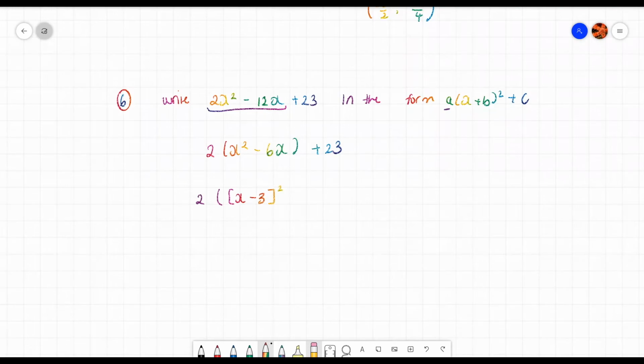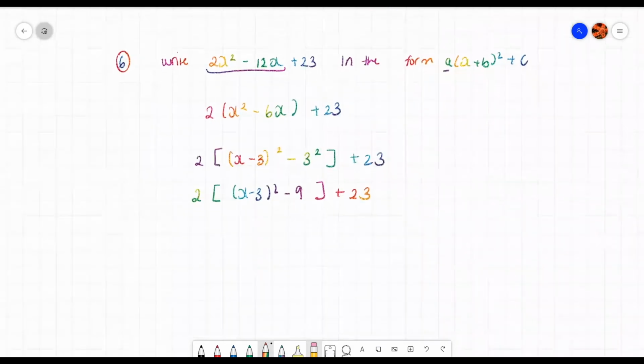And then I'm going to do minus 3 squared plus 23. I'm just going to put a proper bracket around these. Right, so 2 x minus 3 squared, well, minus 3 squared is 9, plus 23.